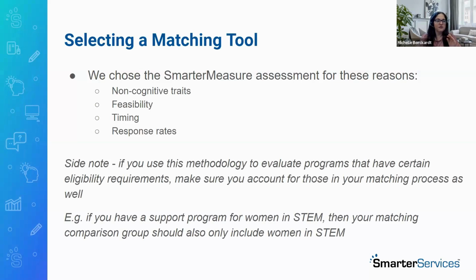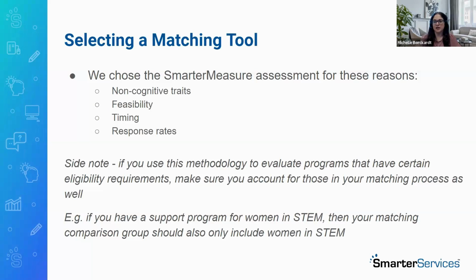So for our assessment, we did not include demographic information in our matching, but you could. A lot of people will use demographic information. I will mention if you're using this method to evaluate a program or a service that includes demographic information as an eligibility requirement, such as here we talk about women in STEM, or if you have a Black male initiative, or something similar, you would want to include those variables in the matching criteria.